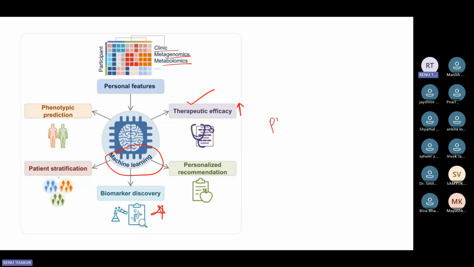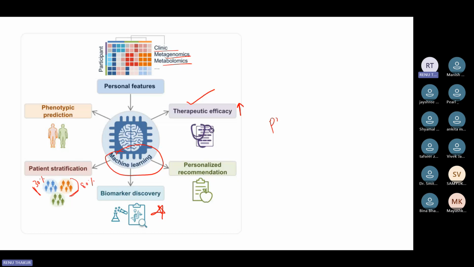And patient stratification. Patient stratification means you can categorize the patients on the basis of what they are having in their gut microbiome. Suppose this blue one is having the altered bacteria up to 30%, let's say. And this brown one, you can say 80%.